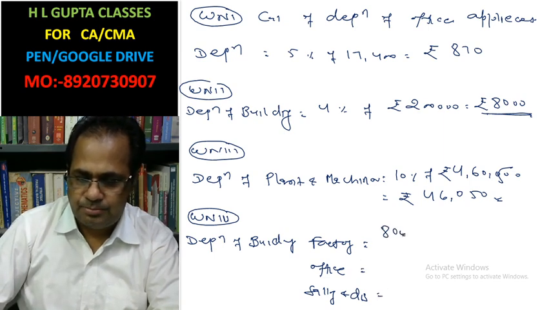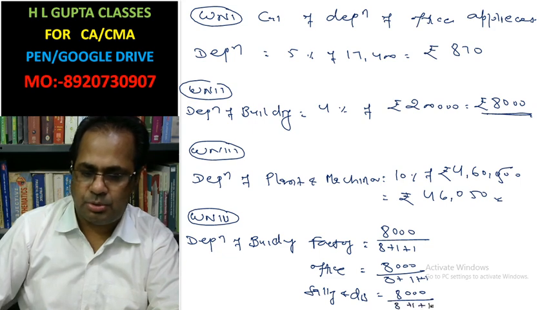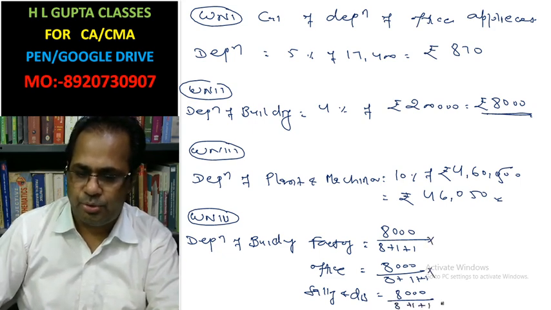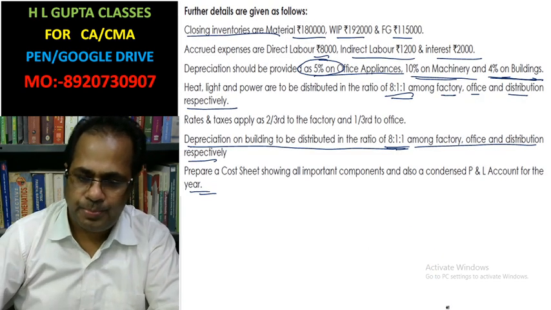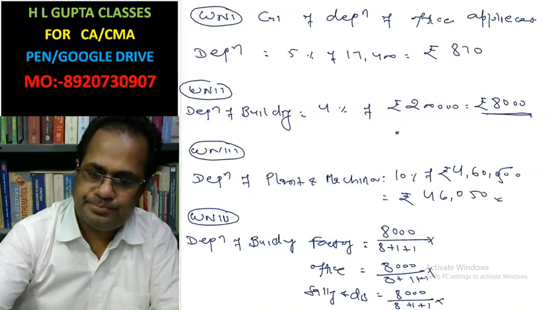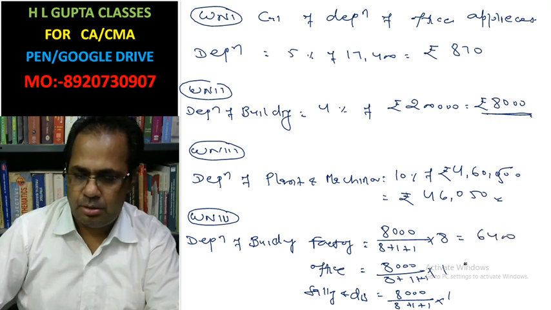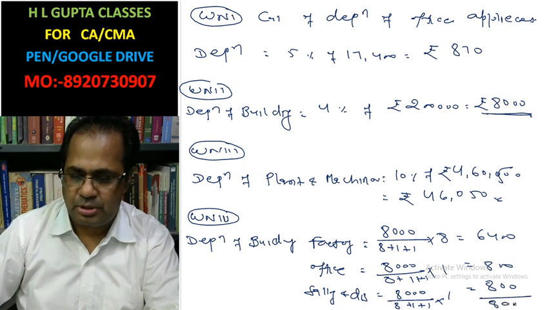This is 8,000 divided by 8 plus 1 plus 1, into the ratio. Factory 8, office 1, distribution 1. That gives 6,400, 800, and 800, and this is your 8,000.